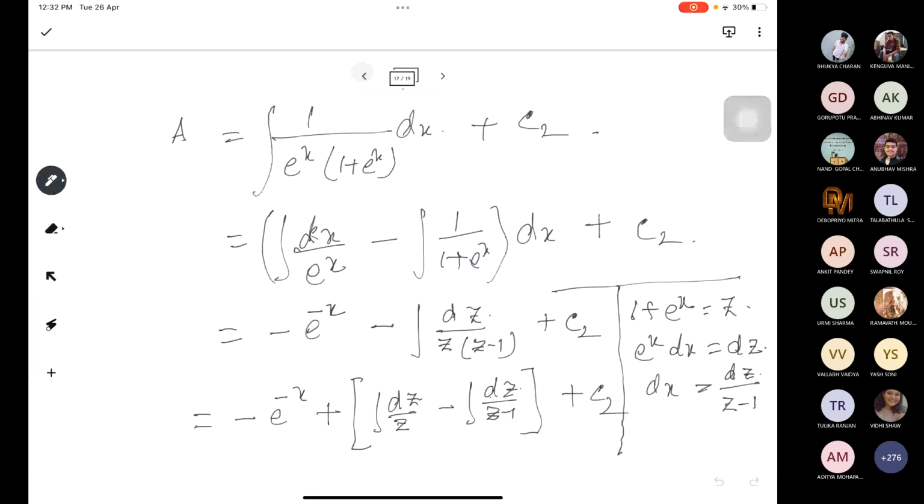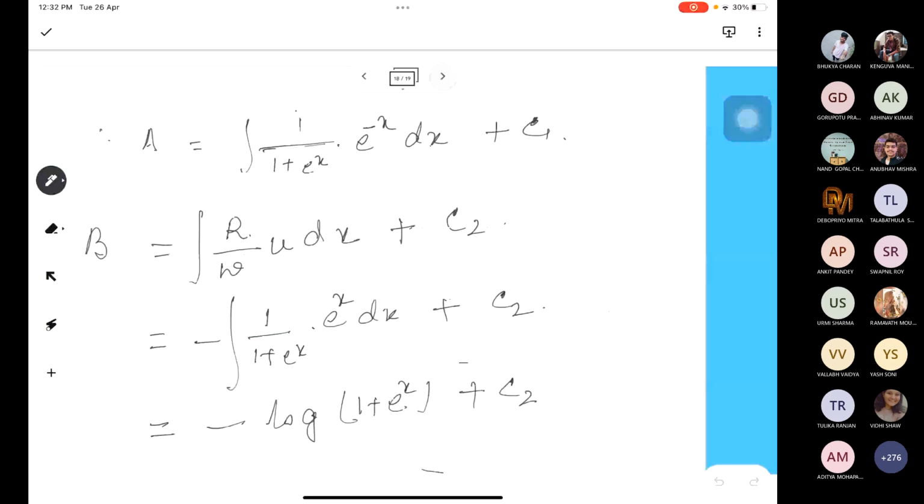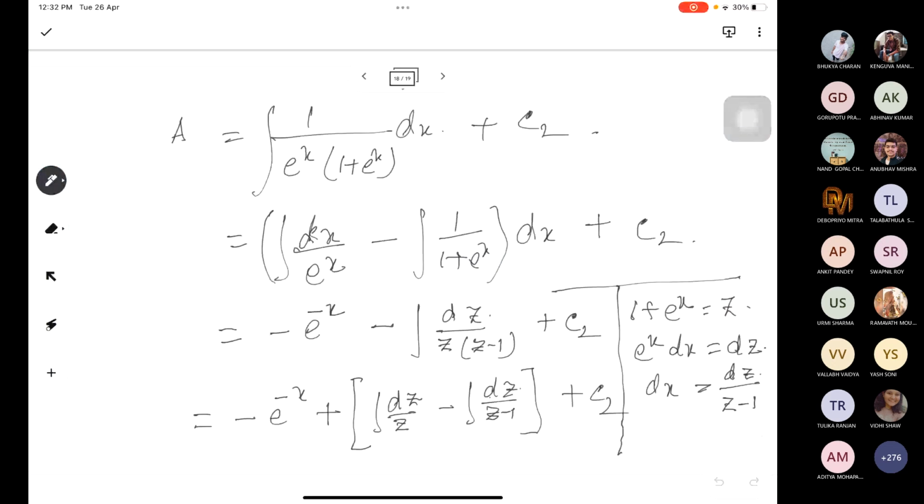What is your b here? Minus log of, oh, both the constants I have written C2, no.